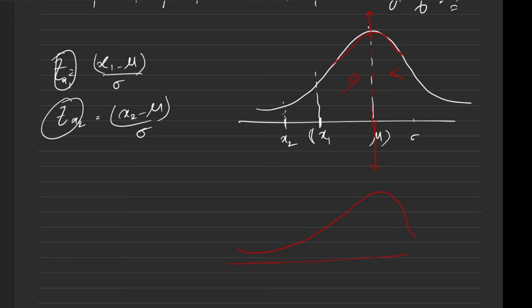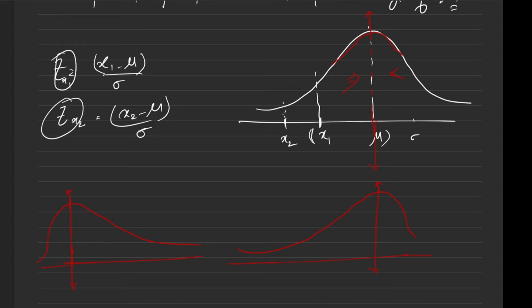But what if you have this kind of distribution, where a lot of data points are concentrated towards your left hand side? Here it's concentrated towards your right hand side, while the normal one was concentrated towards the middle point.